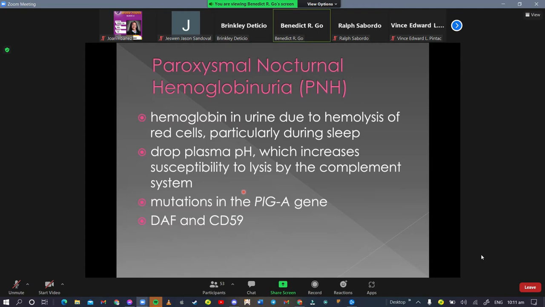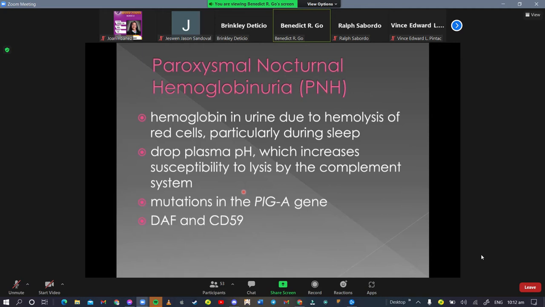PIGA? What's PIGA? I don't know what the PIGA gene is, Doc, but what I know happens is that your two proteins as mentioned there, your DAF and your CD59, your decay accelerating factor and CD59, will be affected because they are deficient in paroxysmal nocturnal hemoglobinuria.